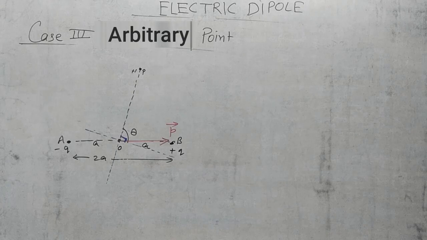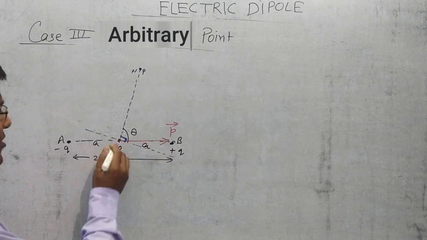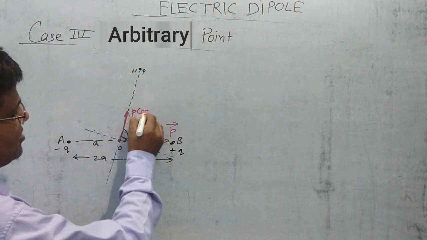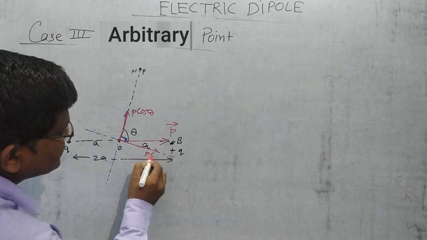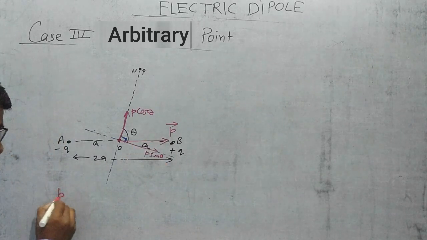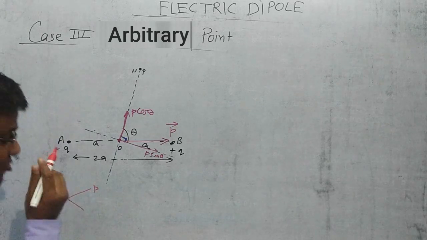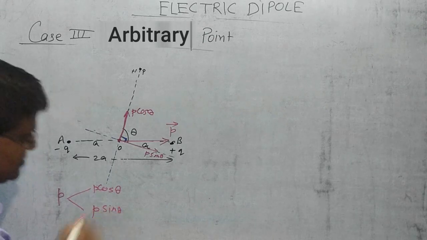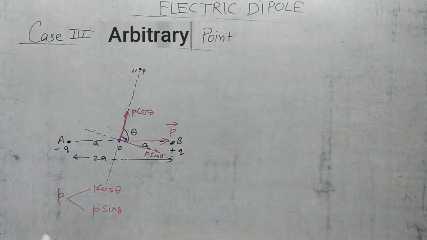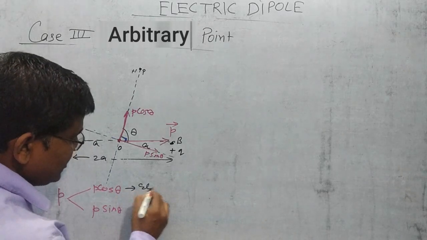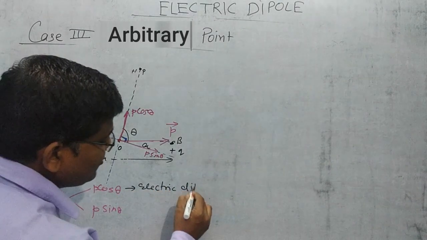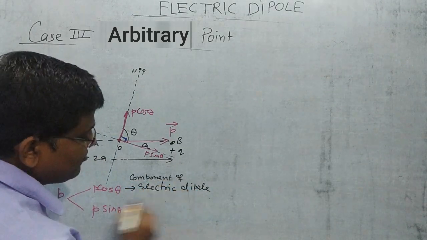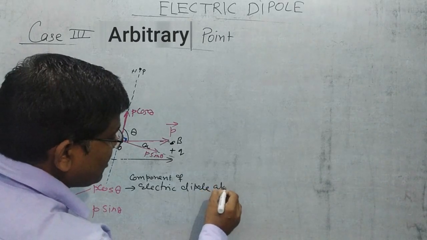Break P into two components. One component is P cos theta and another component is P sin theta. It means the electric dipole moment P breaks into two dipole moments, one P cos theta and another P sin theta. P cos theta is also an electric dipole moment, a component of the electric dipole moment along OP.